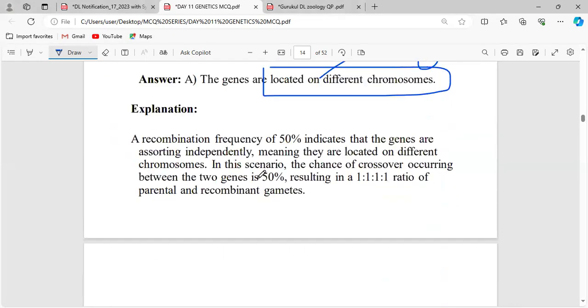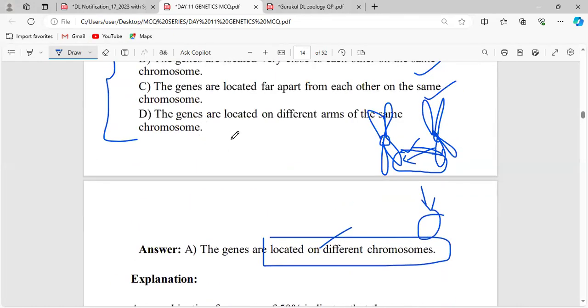Let me explain in detail. This is one chromosome and this is the other chromosome. This area from one chromosome and this area from the other chromosome have to cross over.